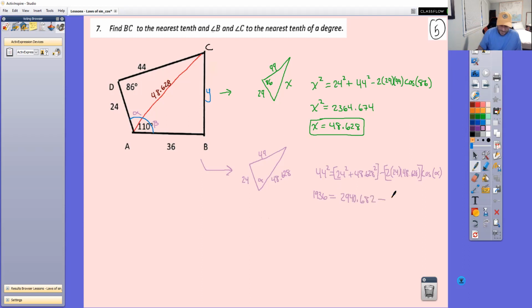And then we're subtracting from that 2 times 24 times 48.628. So 2334.144. And then that's times the cosine of alpha. So we're at that point now where we have to remember that you can't actually subtract these.